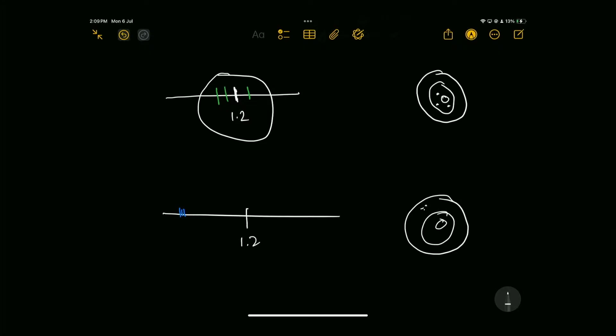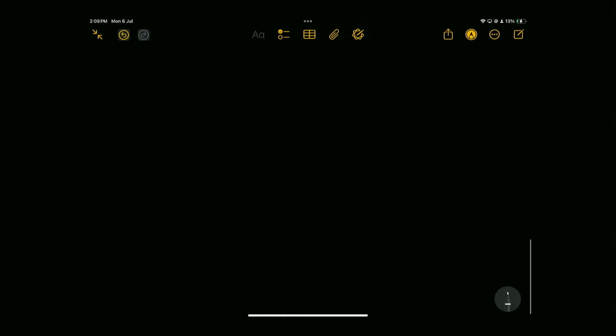Acceleration, we saw we could write as the change in velocity over the change in time, right? Now, we had some graphs. We saw displacement time graphs and velocity time graphs, right?